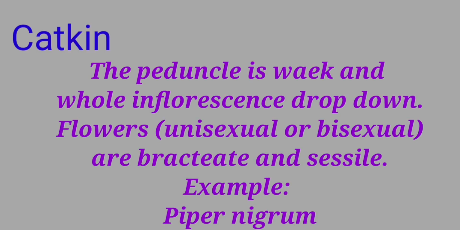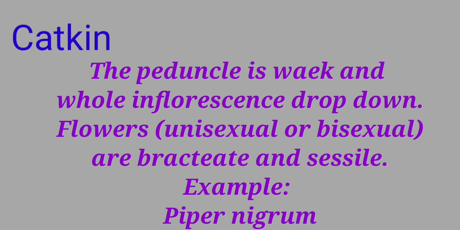Next one is the catkin, and this is a pendulous spike with a long and drooping axis bearing small unisexual or bisexual flowers. Here the peduncle is weak, so it looks like it is drooping down, it won't stay straight upright.